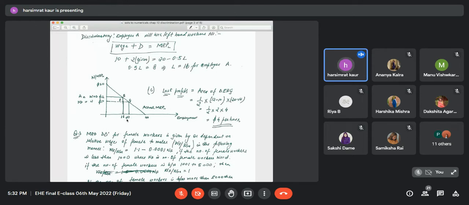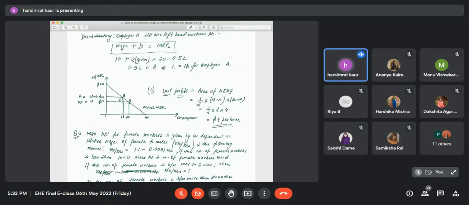20 is the number of employment that he is giving. Whereas when a person goes for discrimination, then W plus D, the wage becomes 12, but they will ultimately hire only 16 workers. Now we have to find this EFG triangle.